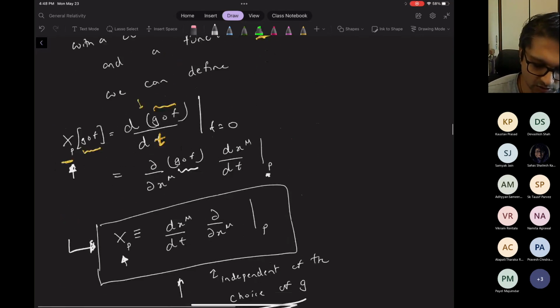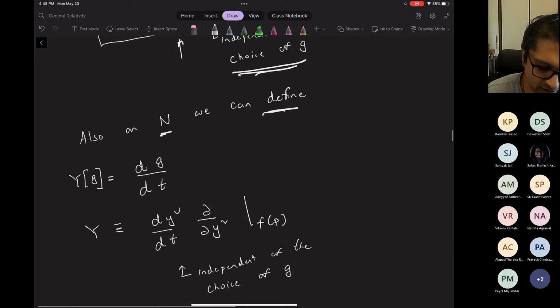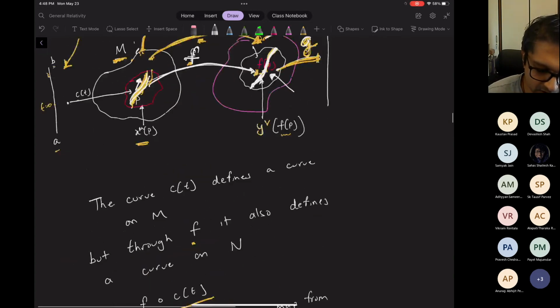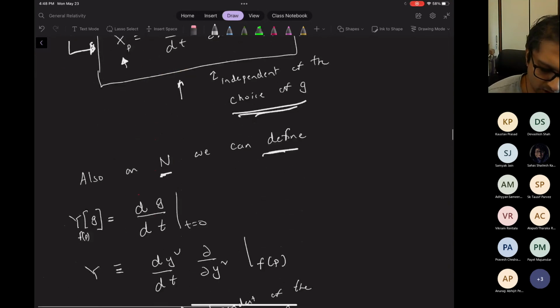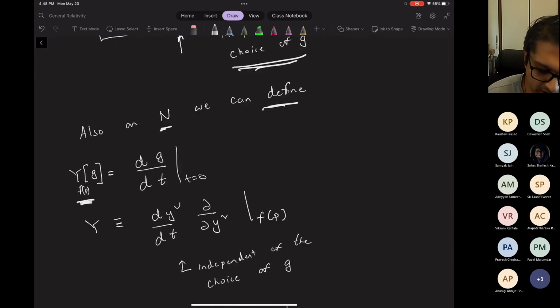So we can define a derivative, or a vector, through an operation Y, which is defined at the point F of P. Y of F of P acting on G is equal to dG by dt, again at t equal to 0. T equal to 0 maps me to P, and through F it maps me to F of P. So this defines an operation on G, and that operation is take dG by dt at t equal to 0.